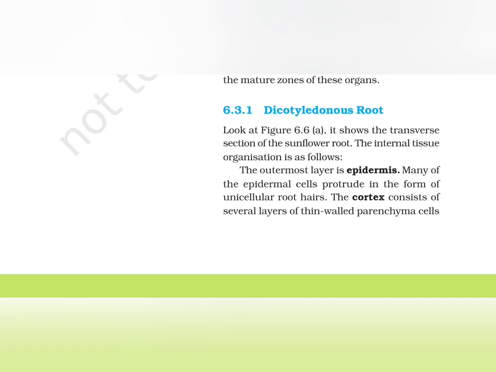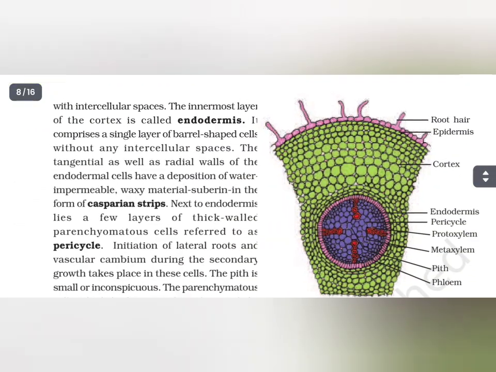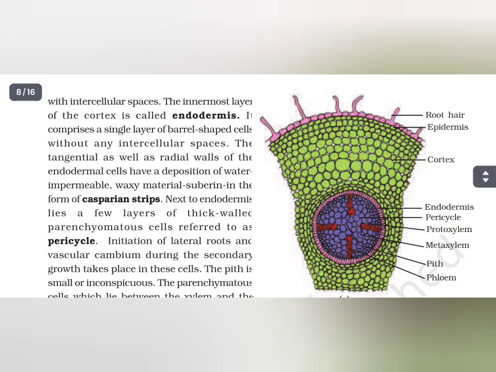The outermost layer is epidermis. Many of the epidermal cells protrude in the form of unicellular root hairs. The cortex consists of several layers of thin-walled parenchyma cells with intercellular spaces. The innermost layer of the cortex is called endodermis. It comprises a single layer of barrel-shaped cells without any intercellular spaces.